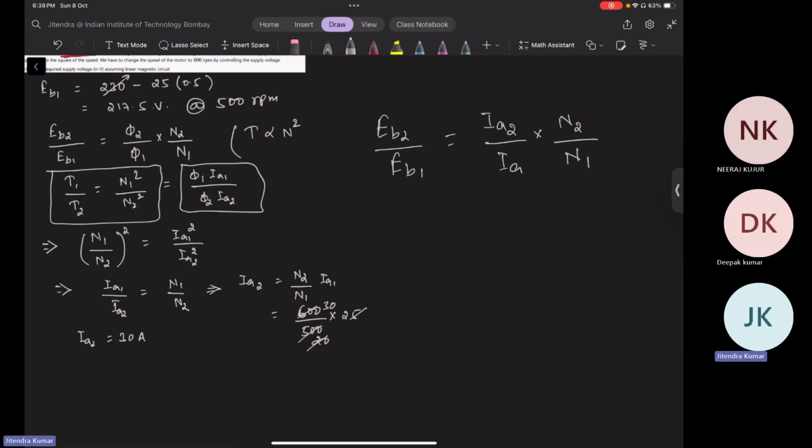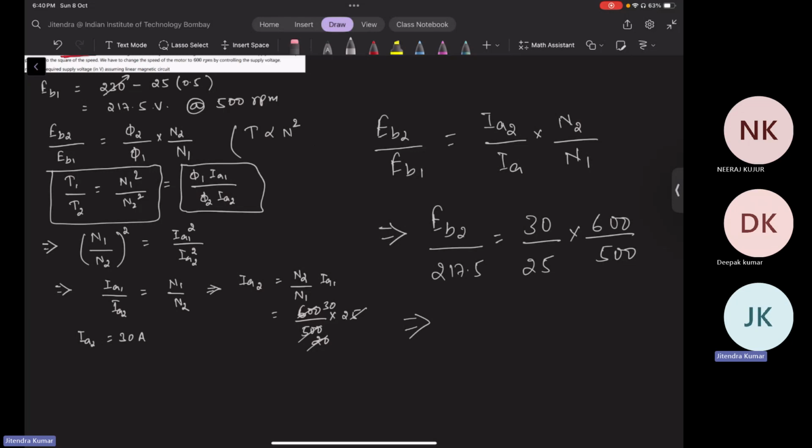So from this, EB2 and EB1 we computed as 217.5 is equal to IA2 is 30 amps, IA1 was 25, into N2 was 500, sorry, N2 is 600 and N1 was 500.